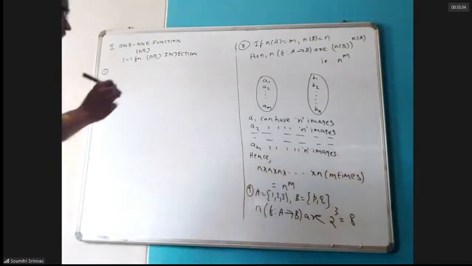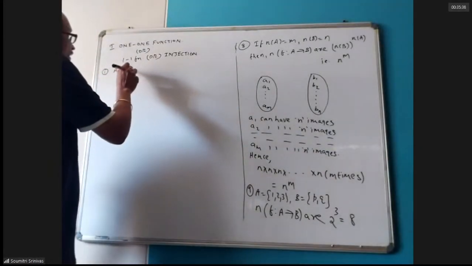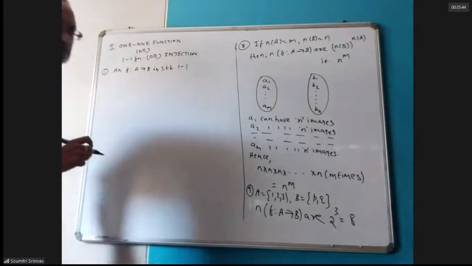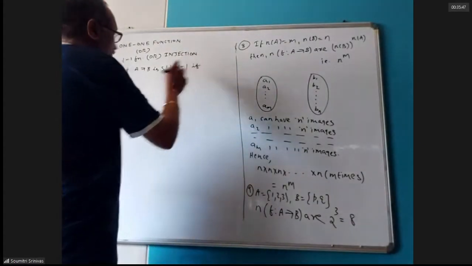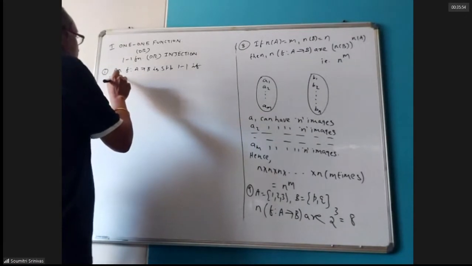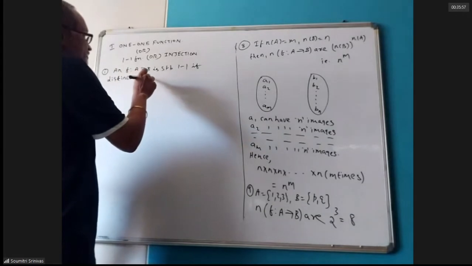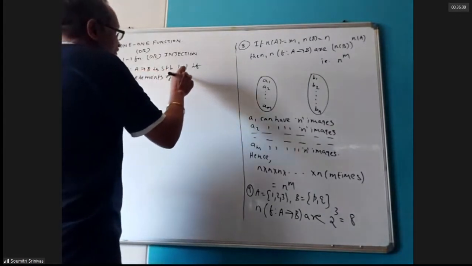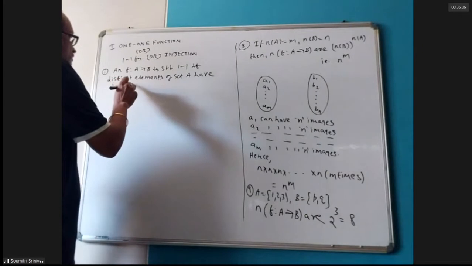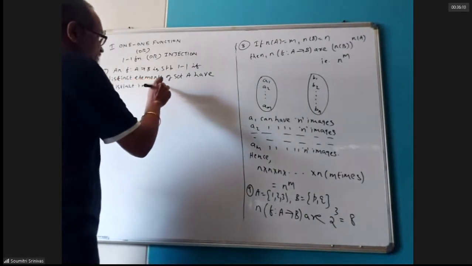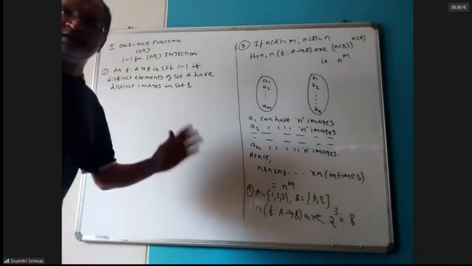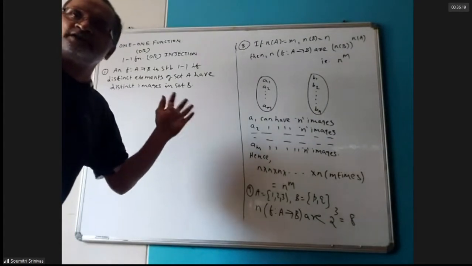A function f from A to B is said to be one-one if distinct elements of set A have distinct images in set B.